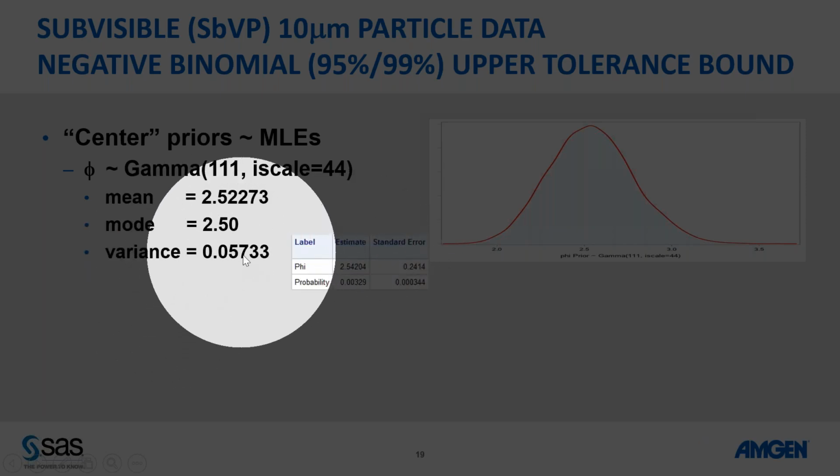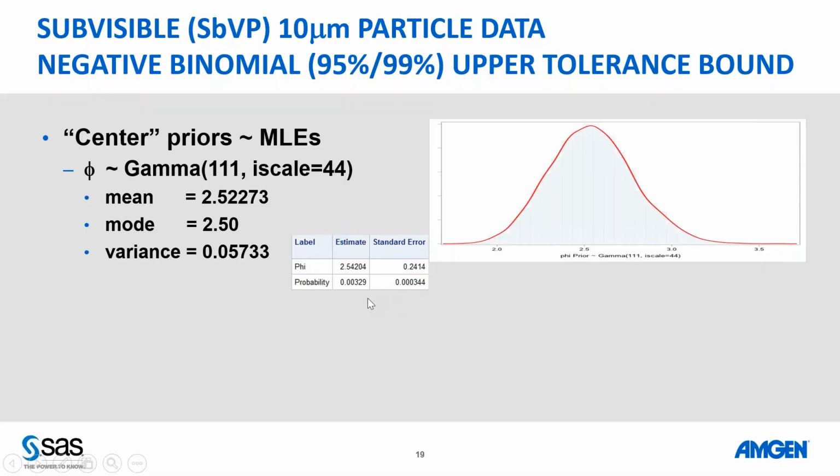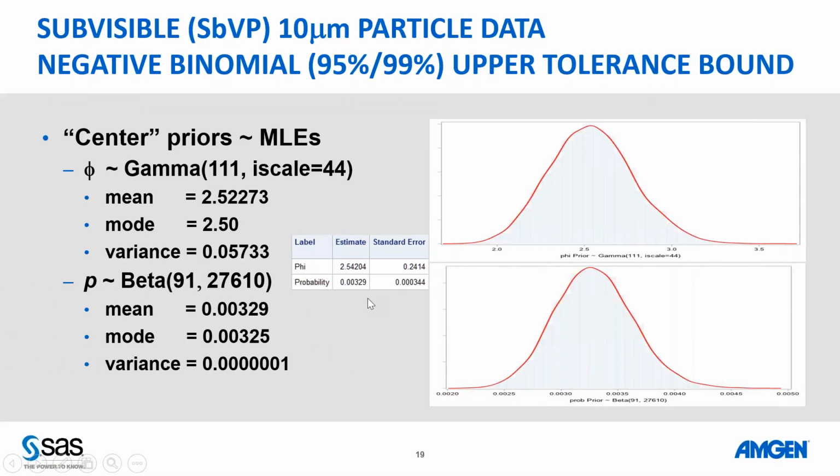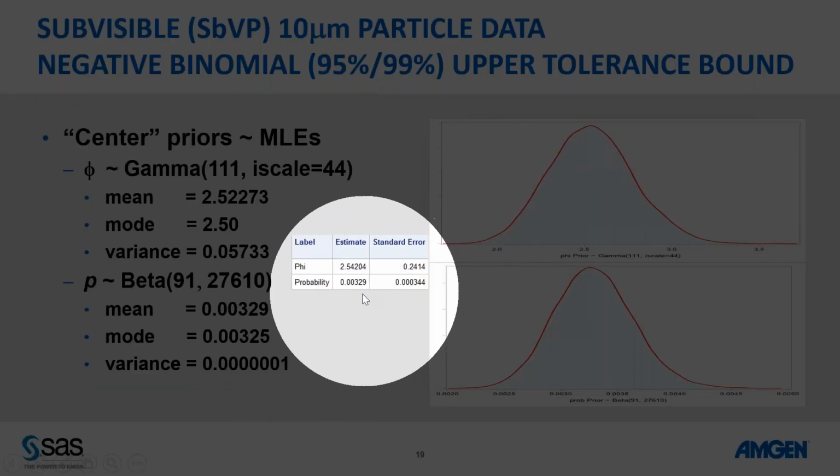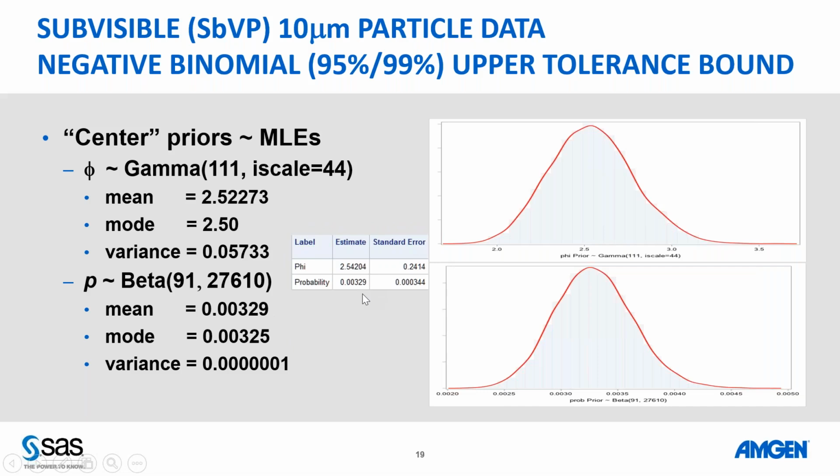The variance, if you take the square root of that, you get close to that. And for the P, the beta distribution with alpha 91 and beta 27,610 has a mean of 0.0329, and that's how those prior distributions are defined.